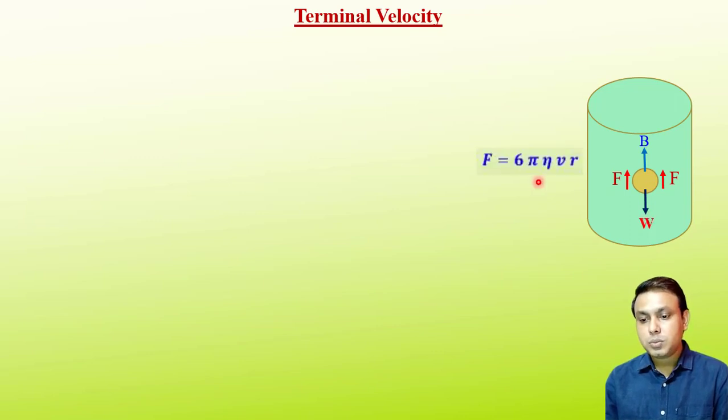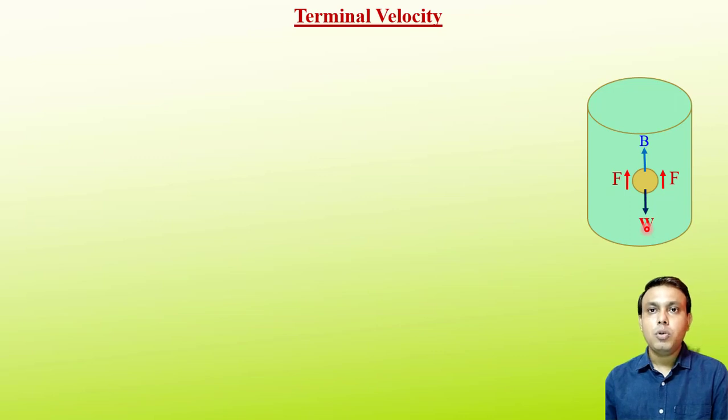Since the viscous force is proportional to the velocity, as it goes downwards, its viscous force gradually increases. And once the total upward force becomes equal to the total downward force, there will be no acceleration. That means the body will move with uniform velocity.